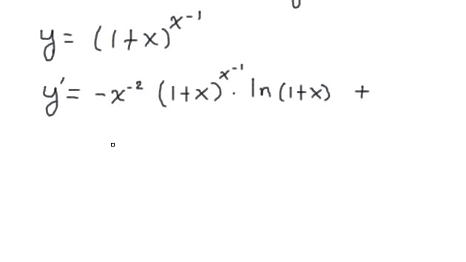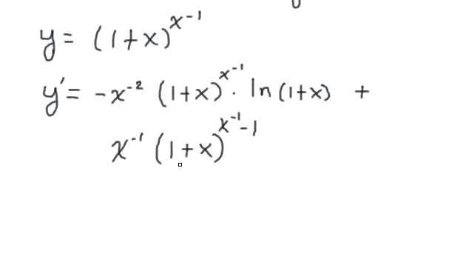So this becomes x to the negative 1. Like if that were a 5, you'd bring it out front, you'd write a 5 here. Now I'm going to rewrite. And remember, we subtract 1 from the exponents. This becomes x to the negative 1 minus 1.